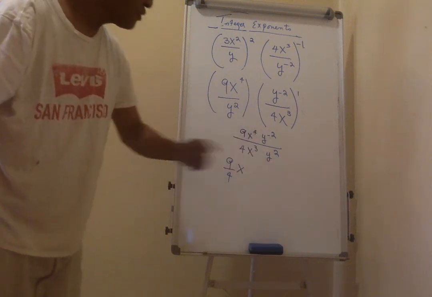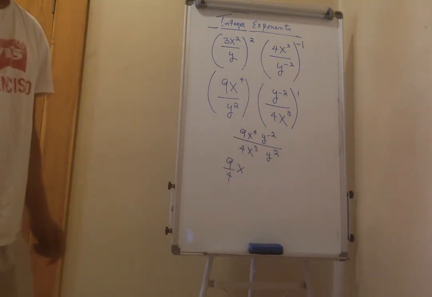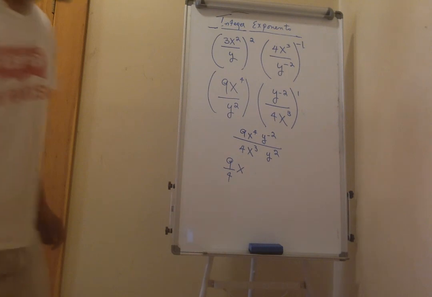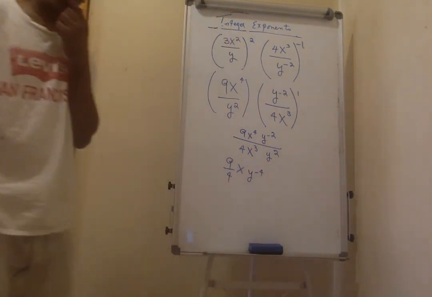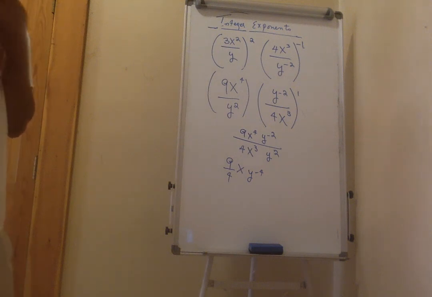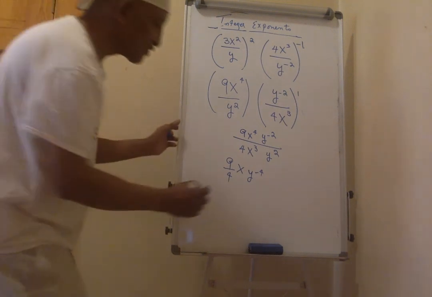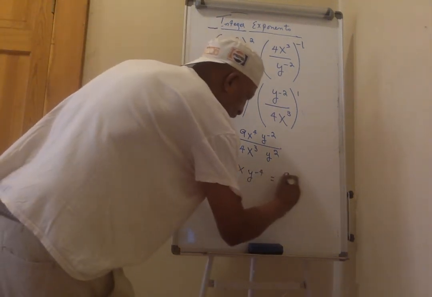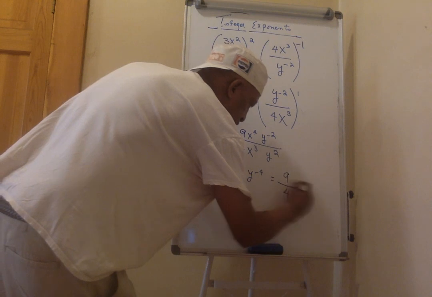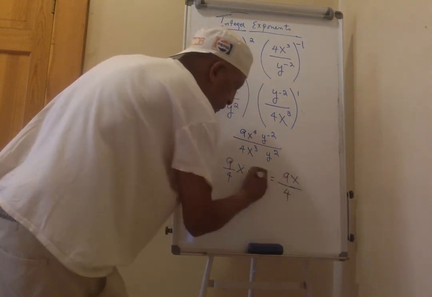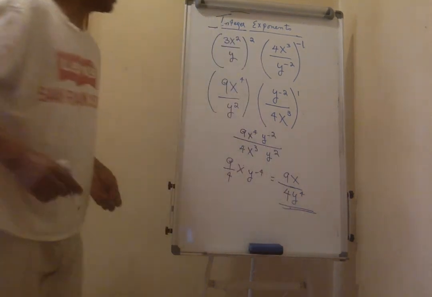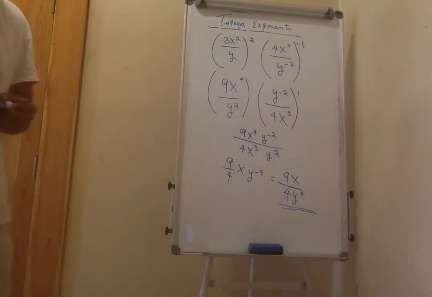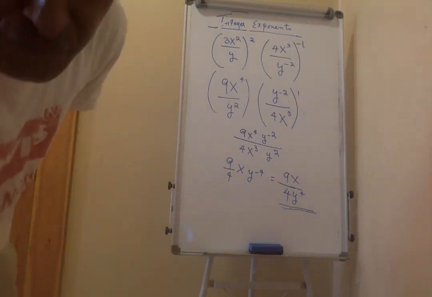Y to the negative 2 over y to the second. So we are subtracting 2 from negative 2, so you end up with y to the negative 4, because negative 2 minus 2. Now, we don't want a negative exponent as our final answer, so we can rewrite this as 9 over 4. The x stays on top, but the y comes down, and voila, we're done. Okay? So that takes care of the exponents.